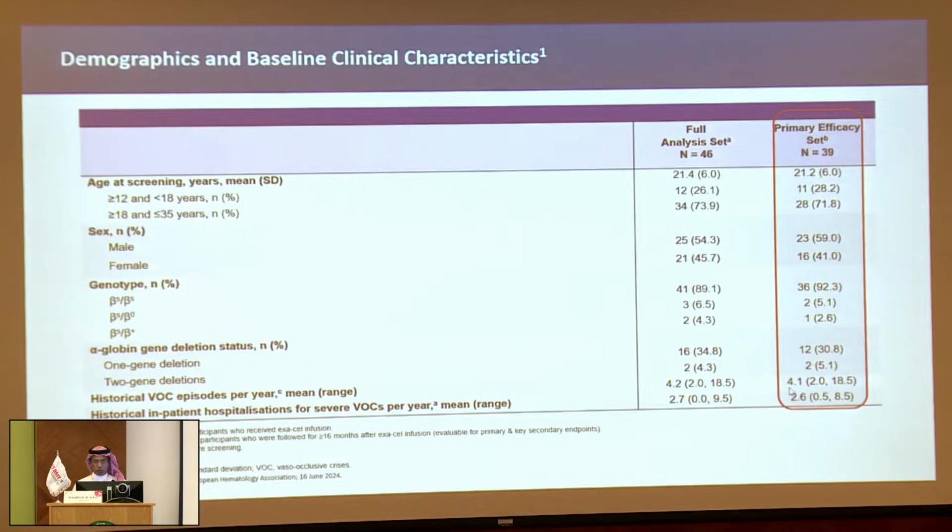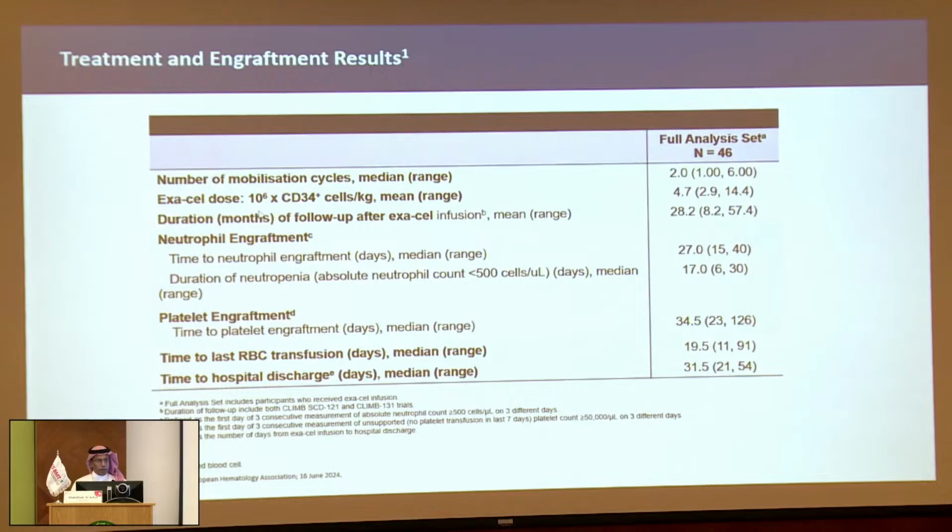The VOC episodes averaged 4 per year, and hospitalization around 2.6 per year. They required an average of 2 collections per patient, the average stem cell dose is 4.7 million per kilo, and the follow-up was an average of around 28 months.